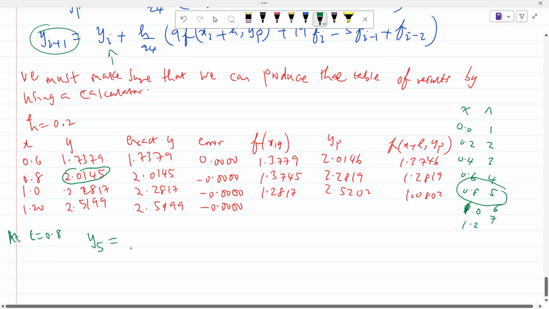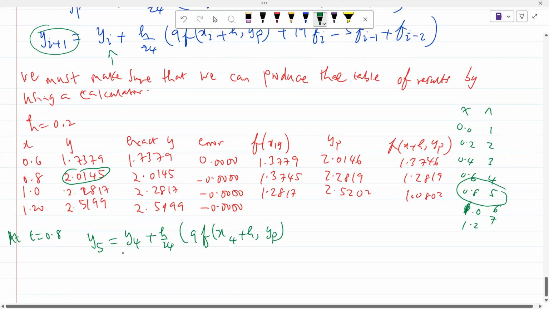So it's going to be y4 plus h over 24, and then 9f, x4 plus h, yp. So we need the predictor.